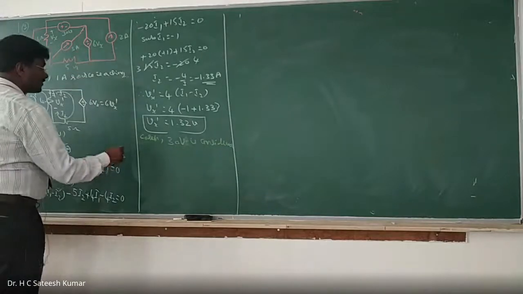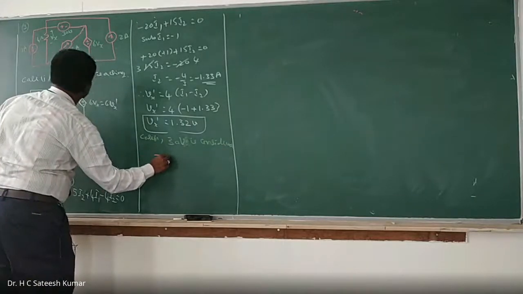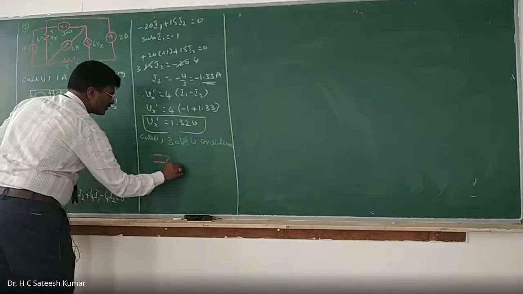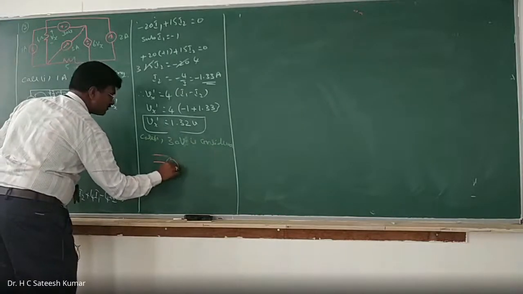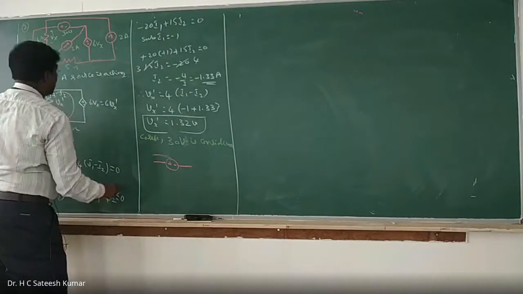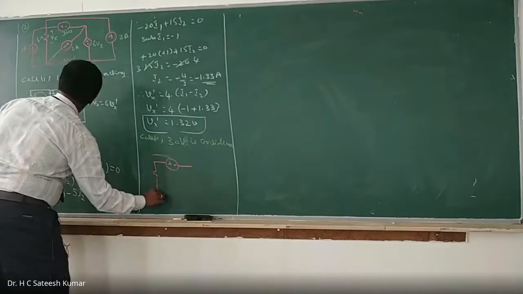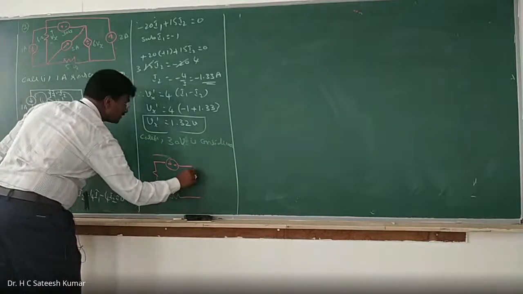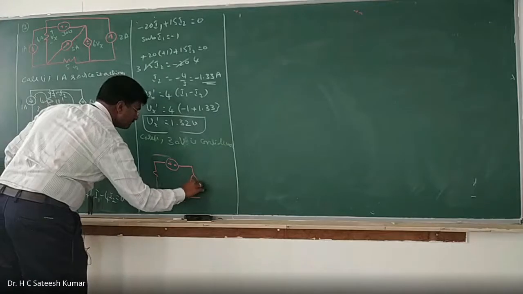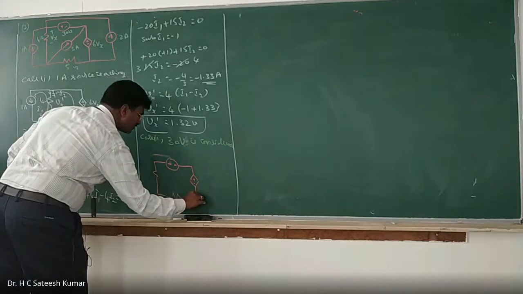Now what is left out? The 30 volt source, plus minus, and this resistance. All other things are open circuited.